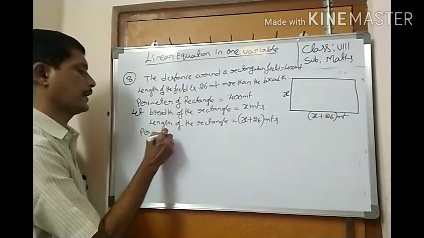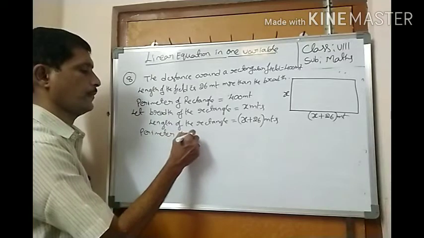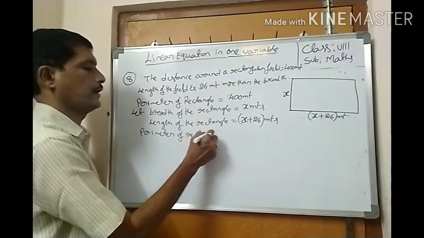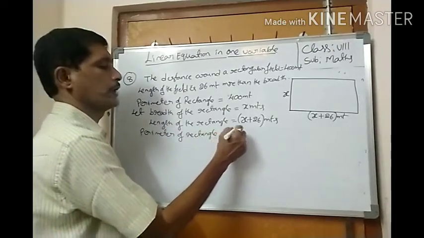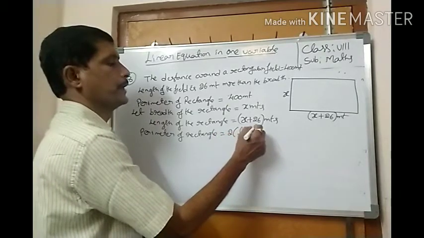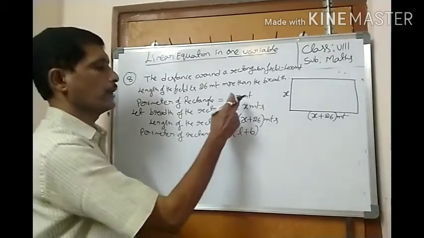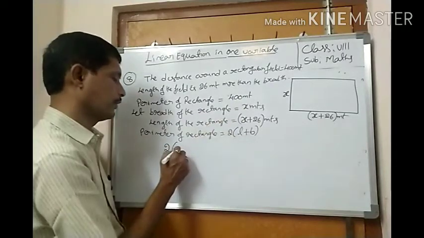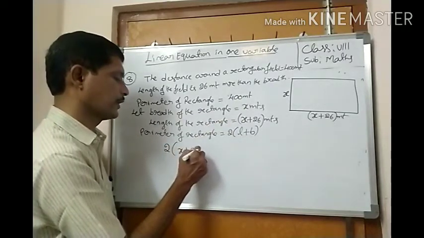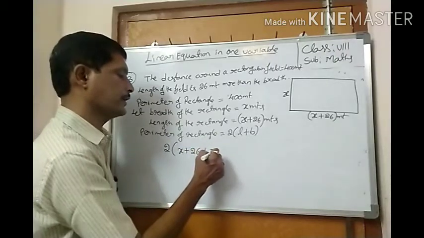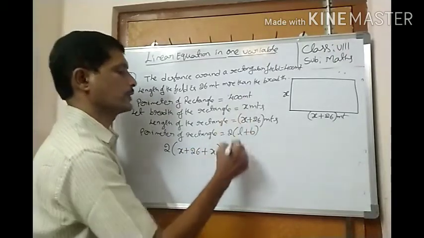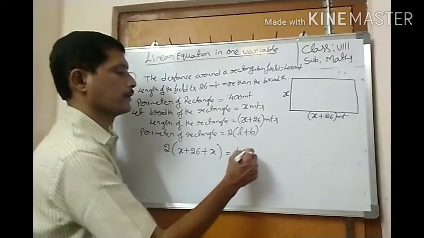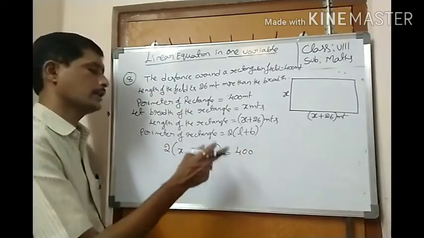Perimeter of rectangle equals 2 into (L plus B). Here length is x plus 26, breadth is x, and the total is 400.